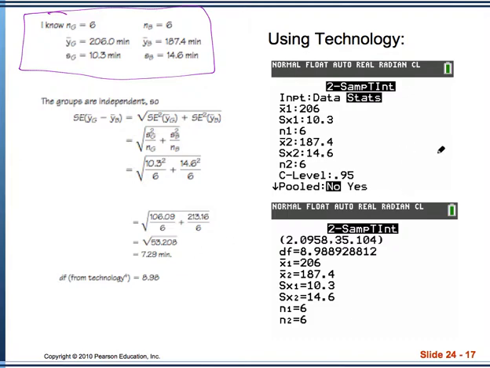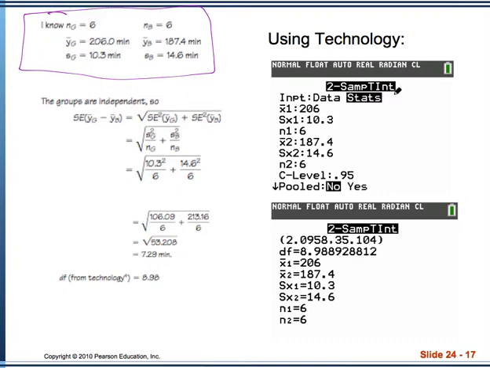Okay, so if you are using a TI-84, you'll do the second stat, and you'll arrow over to where it says tests. So stats, arrow over to where it says tests, and you're going to arrow down to where you see 2 sample t interval.